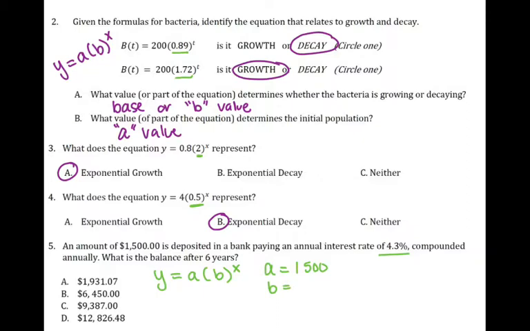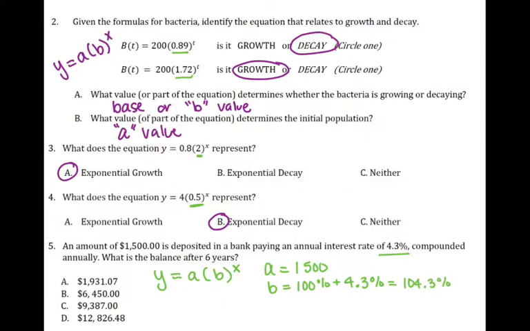For b, I need to figure out if the amount is growing or decaying. When we're talking about interest, interest is always added to your account, so that makes your account grow. To calculate my b, I'm going to take 100% of what's in my account plus whatever interest I am accruing, so 4.3%. That gives me 104.3%.